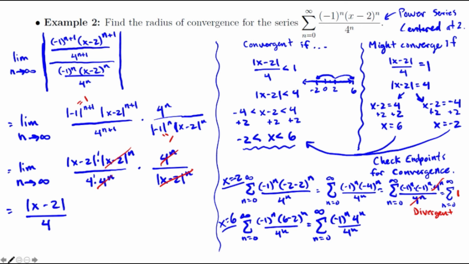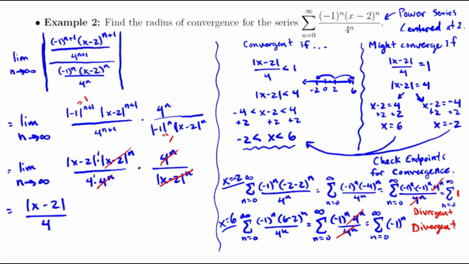Again, we get some nice canceling, but then all you're doing is adding up (-1)^n, or in other words, alternating between negative 1 and 1. So negative 1 plus 1 plus negative 1 plus 1, and so on, is also going to be divergent. So we've checked both of our endpoints and found them both to be divergent.